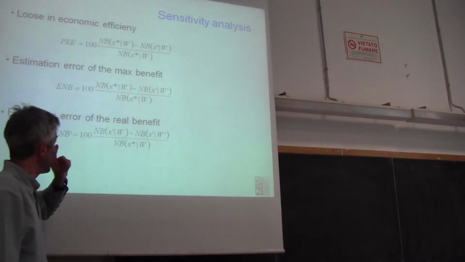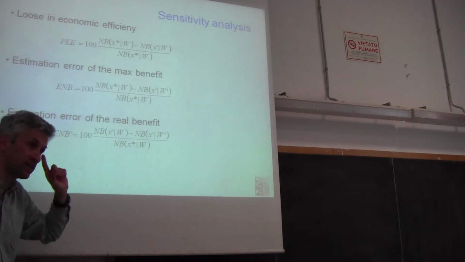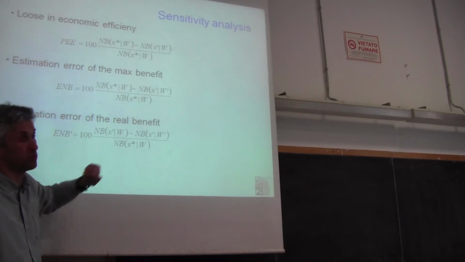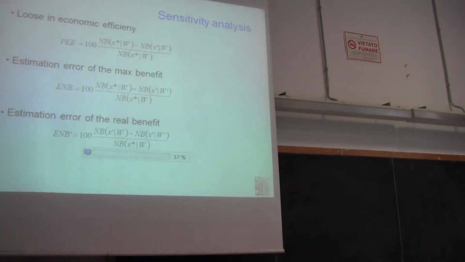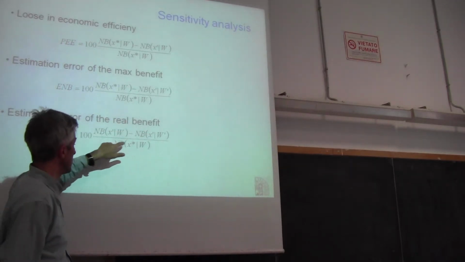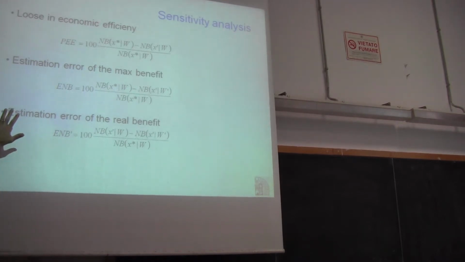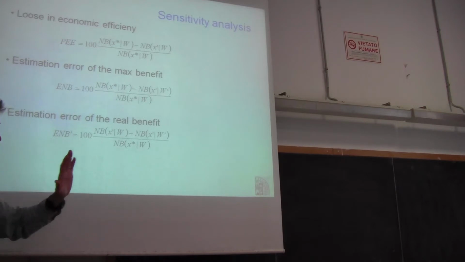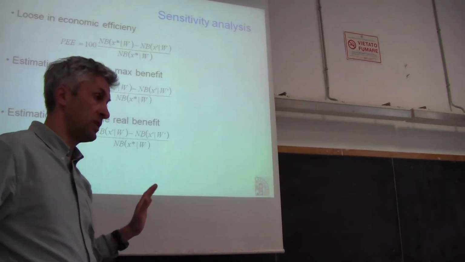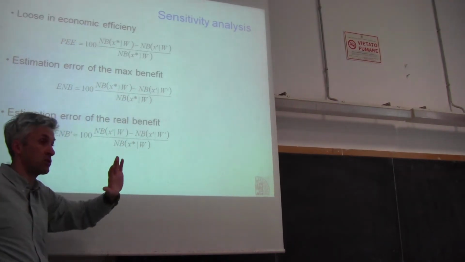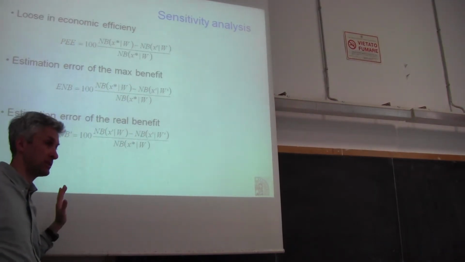But then what you actually take after your wrong allocation is given by NB x prime W. So basically, if you take this difference, which can be positive or negative, you make an estimation error of the real benefit that you are going to take. So there is an estimation error of the maximum benefit and an estimation error of the real benefit that you may take.